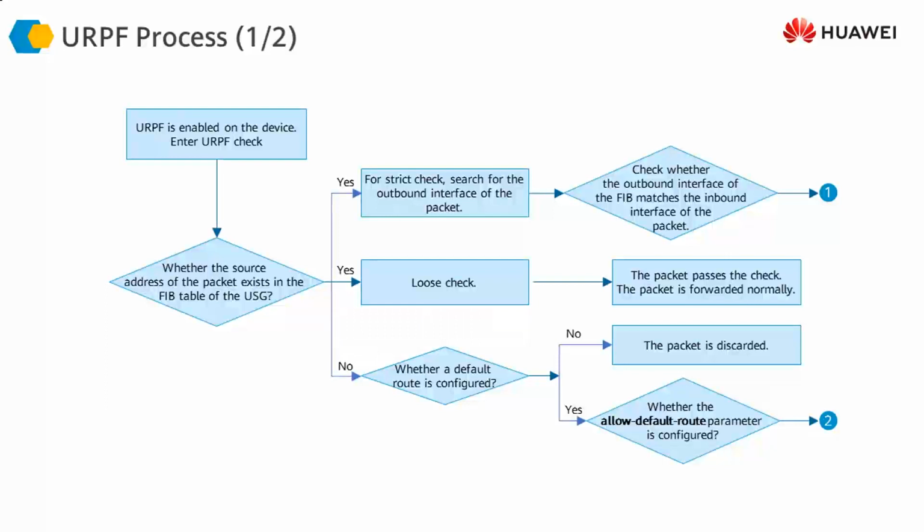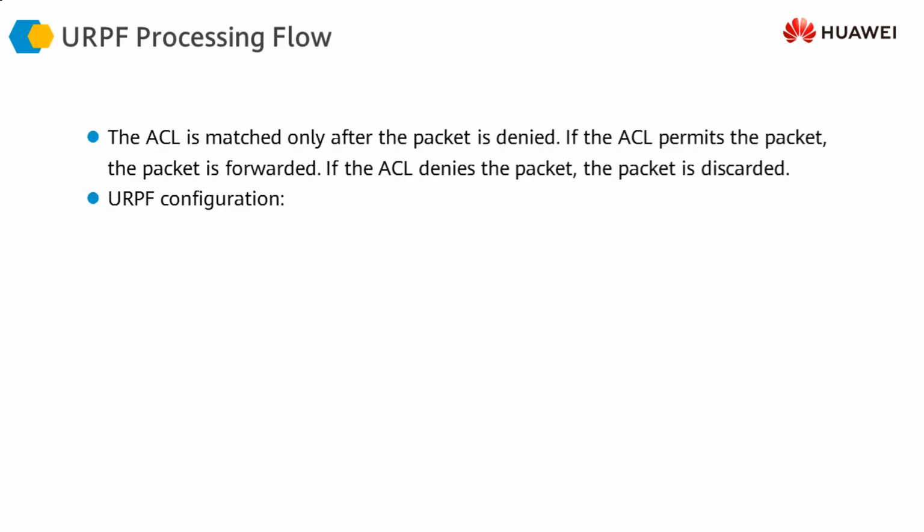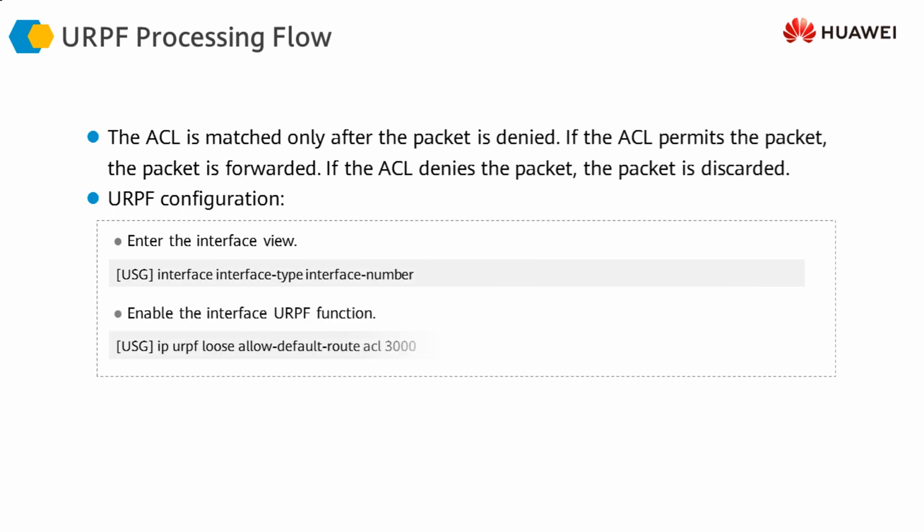These two slides show the process of the URPF check. To enable URPF, we can go to the interface configuration mode, and there we enable ip urpf, either loose or strict, and then we can allow the default route, which means that every packet can be compared against the default route.